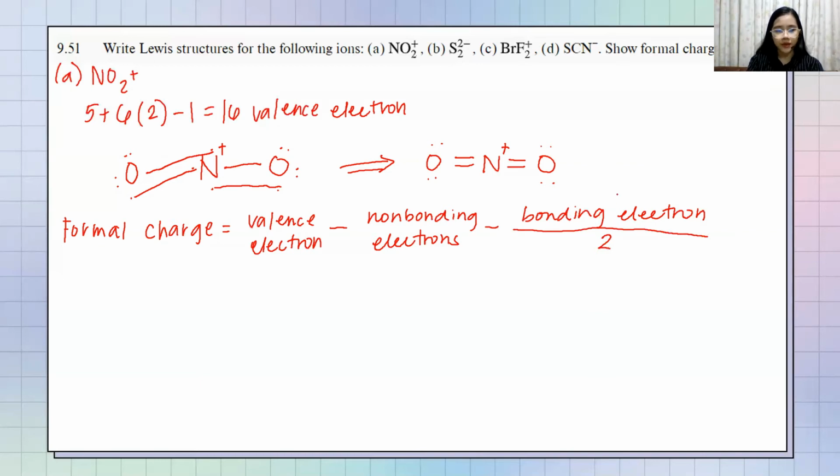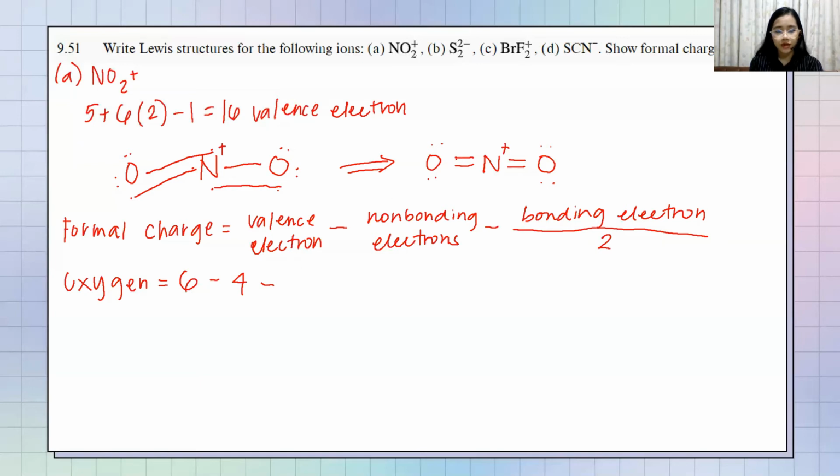So here we can compute for oxygen, we have 6 valence electrons, then 4 non-bonding because 1, 2, 3, 4, the lone pairs, and 4 bonding as well because 1 bond is equivalent to 2 electrons.